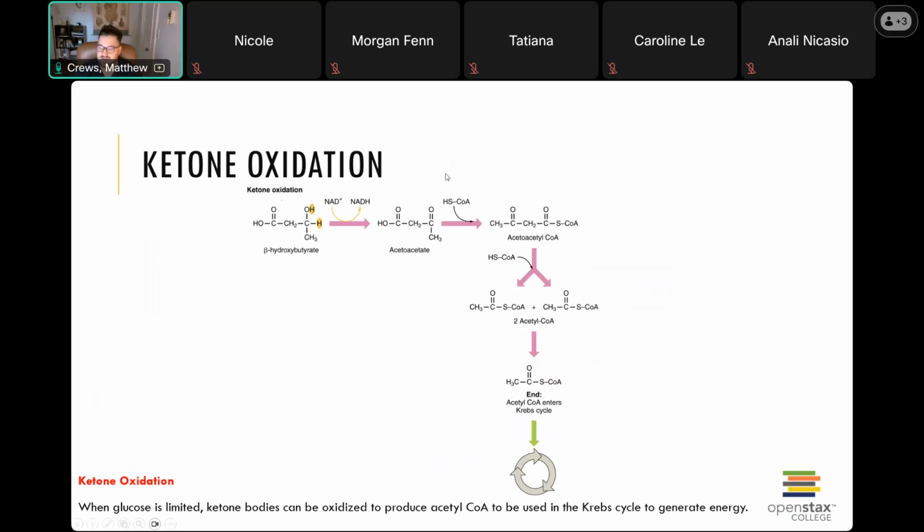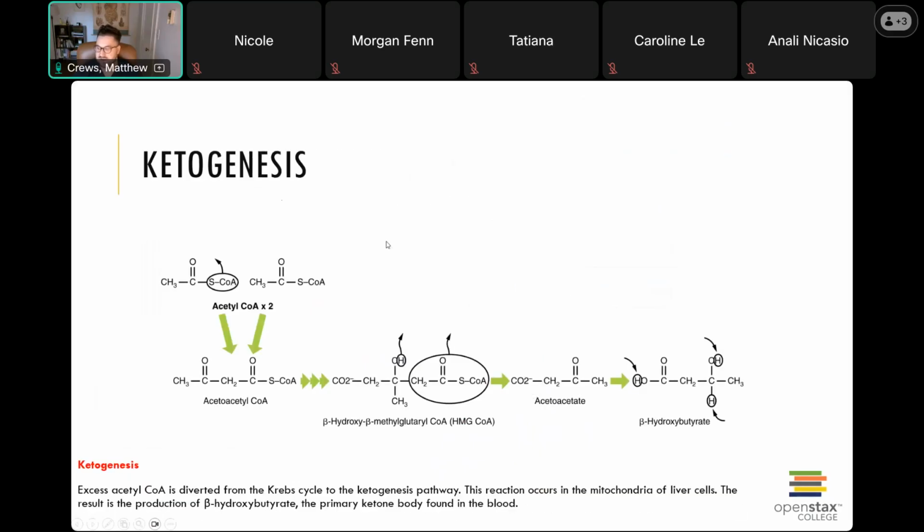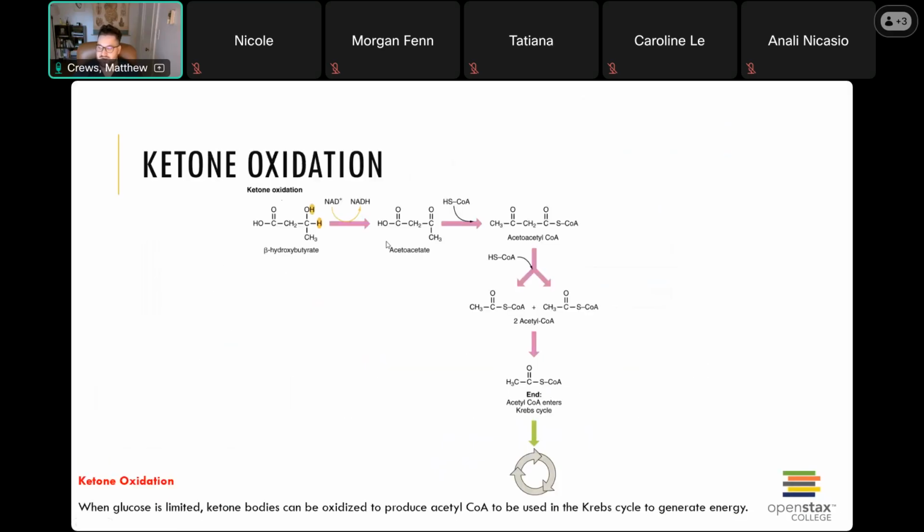So again, you don't even need to know this, just know that these are opposite mechanisms. They're happening in reverse, and we use this when glucose is limited. We need more acetyl CoA. This is the fat burning exercise, right?